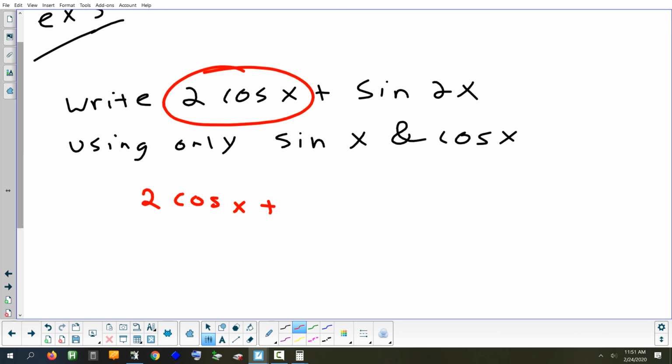Now, this one is no good. We have to fix it. So what can I change what I just underlined? There's no longer a 2 in front of the x.